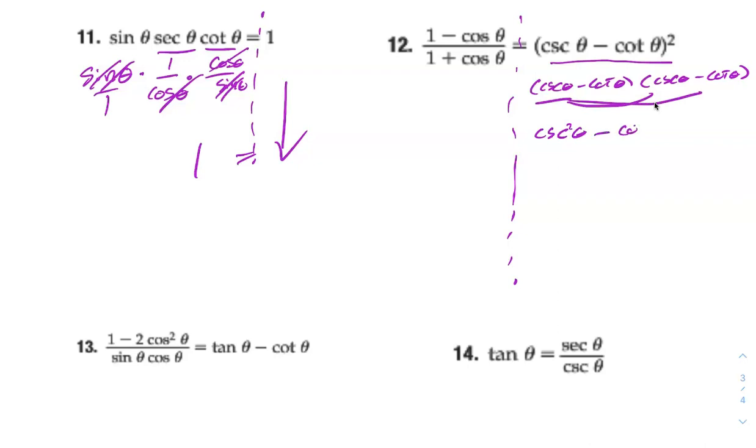Minus cotangent cosecant, minus cotangent cosecant, plus cotangent squared. Let me clean this up. I can add the middle two, so it looks like this: cosecant squared theta minus 2 cotangent cosecant plus cotangent squared, sorry.